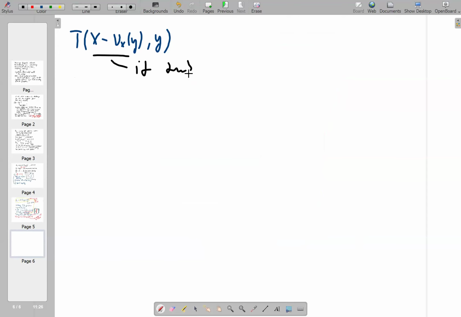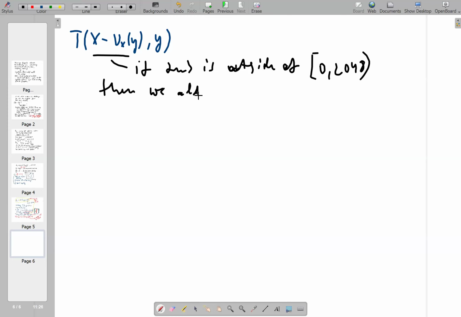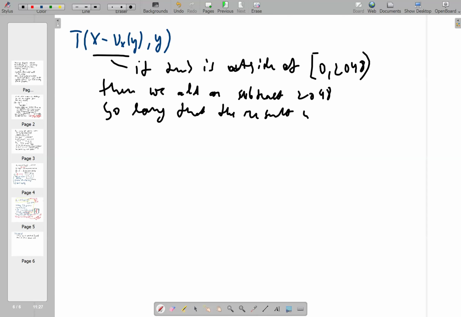If this is outside of 2048, then we add or subtract 2048, so long that the result will be here in this range. Okay.